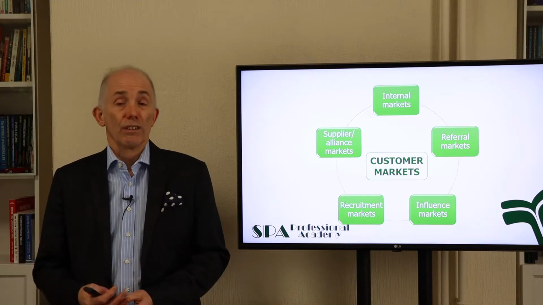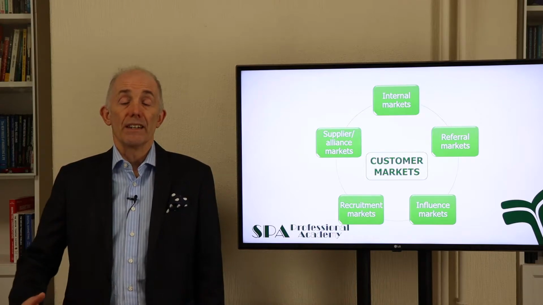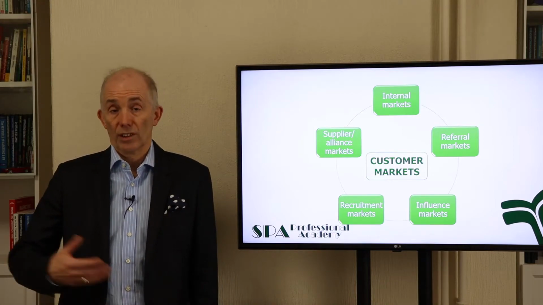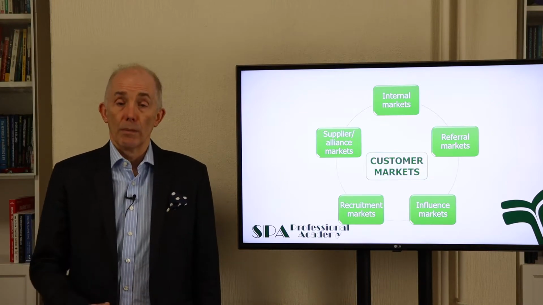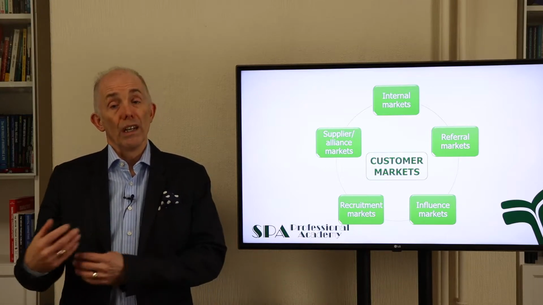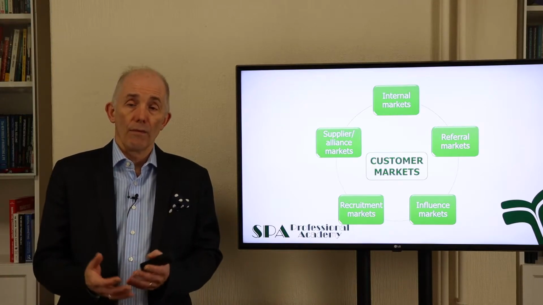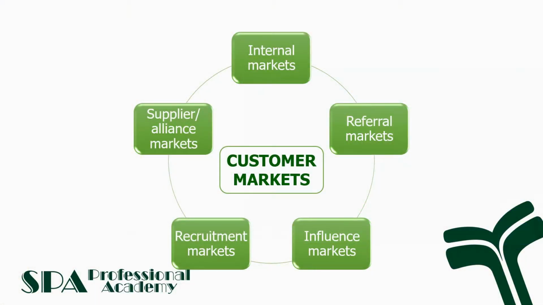But what Christopher et al. identified is that to provide the right service, quality, relationships to the customer markets, we also have to have the right relationships with the other 5 of the 6 markets. So that's the internal markets, the referral markets, influence markets, recruitment markets, and the supplier and alliance markets.